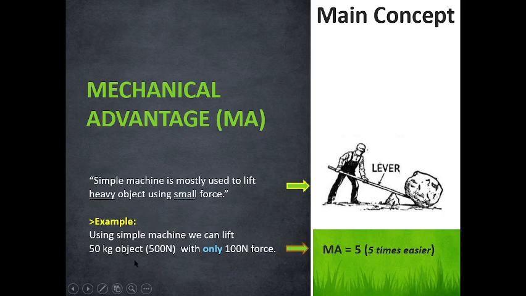So if we have a 50 kilogram object, or 500 Newton in weight, and we can lift it with only 100 Newton of force, it means this lever produces mechanical advantage 5, or 5 times easier for us, because to lift 500 we only need 100.